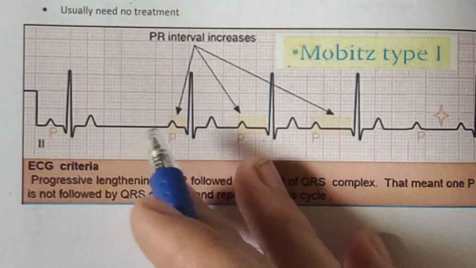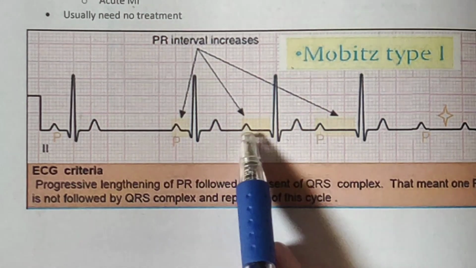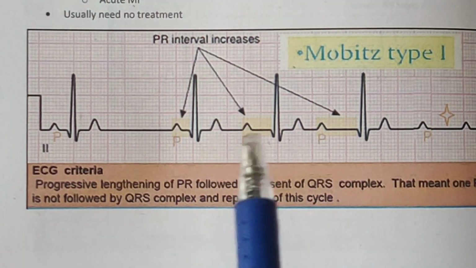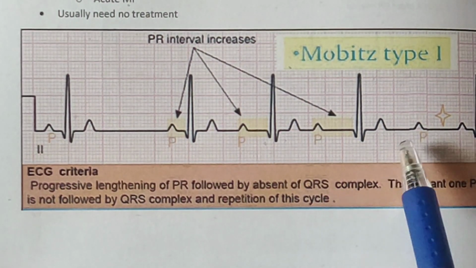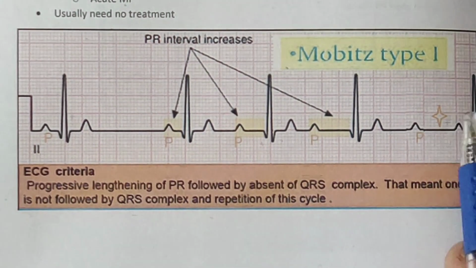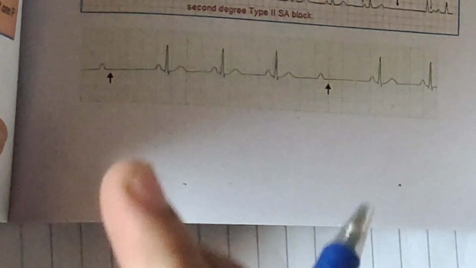Here is Mobitz type 1. Here the PR interval is small, progressively increasing until a QRS drop. Here is the drop of QRS. Here is Mobitz type 2.